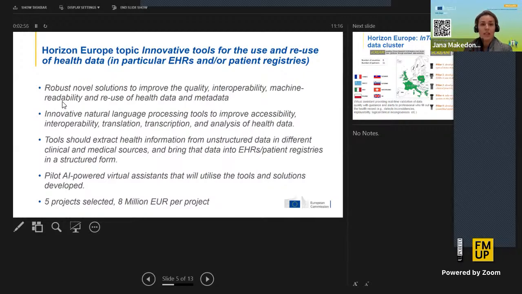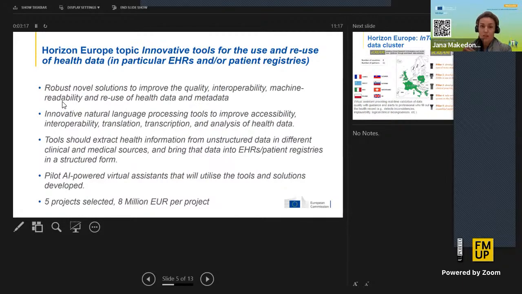And indeed, all of these projects aim at developing novel solutions that would improve the data quality, but also data interoperability, machine readability, and reuse of health data and also metadata. And they also focus on natural language processing tools to improve accessibility, transcription, translation, interoperability of the data.